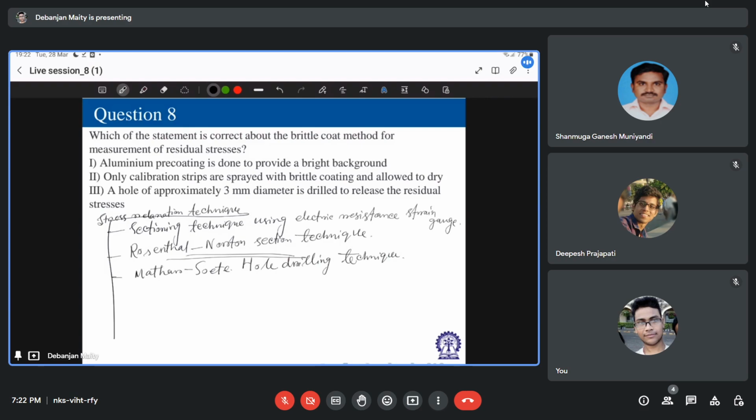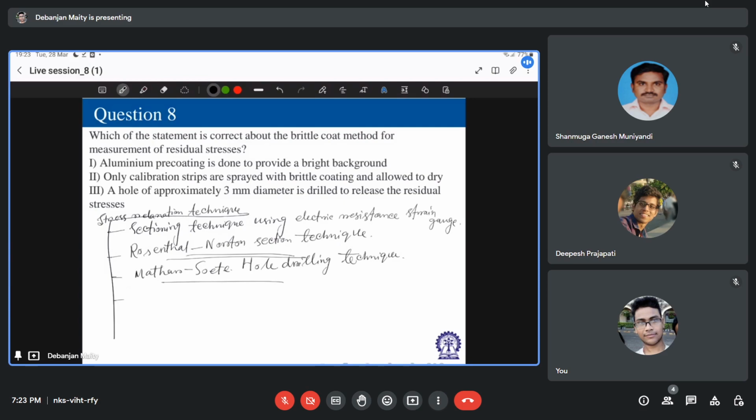This is the result of the localized removal of restraint by the material removed from the hole, and some kind of localized distortion will happen in response, right? Then the residual stress can be calculated if the distance between the hole and the gauge length is known. So that is the method for the hole drilling technique. I won't go into depth as of now, I'm just mentioning the different kinds of techniques available.